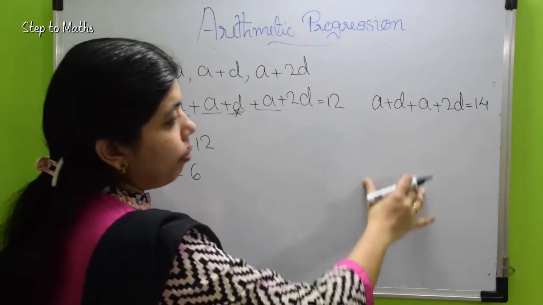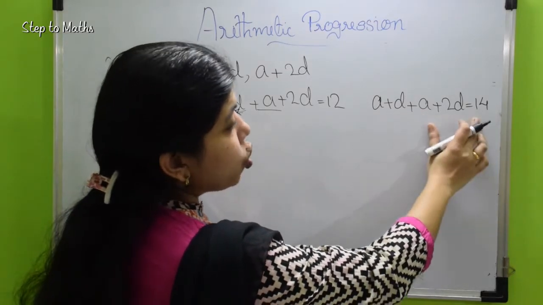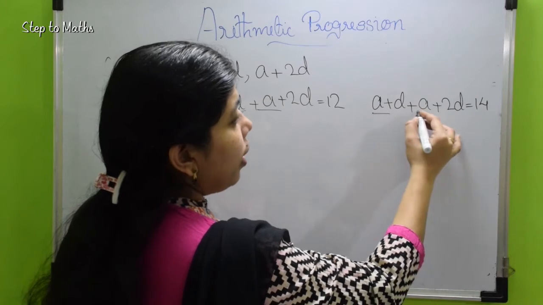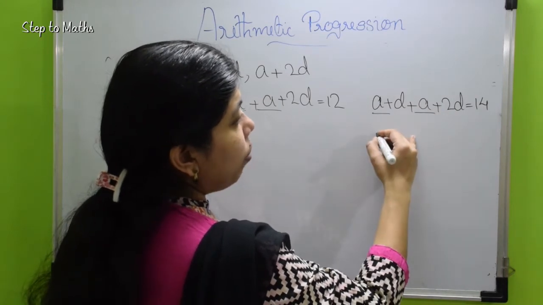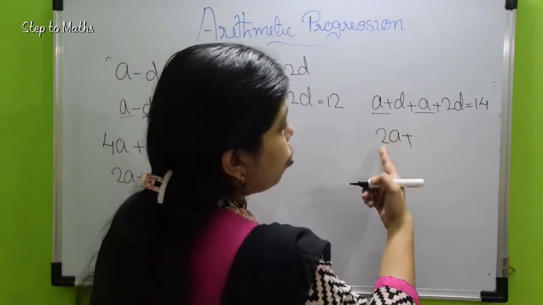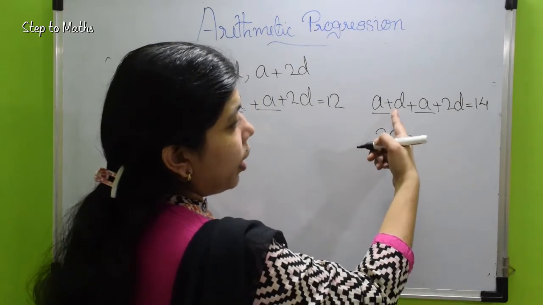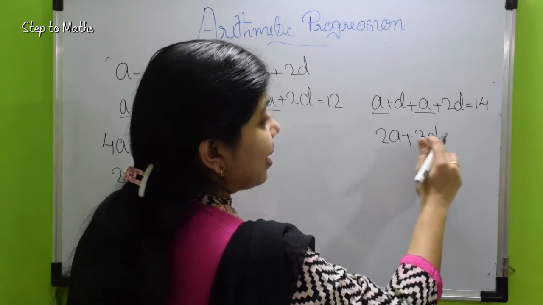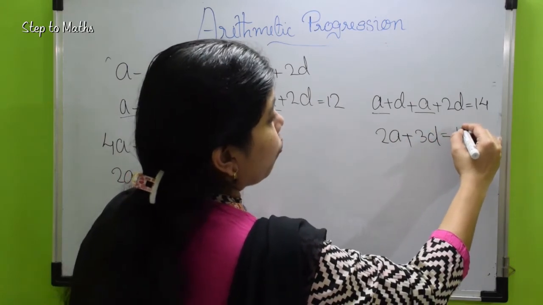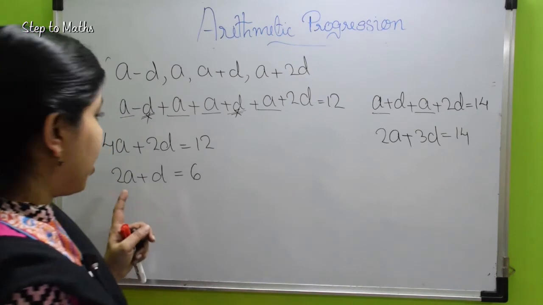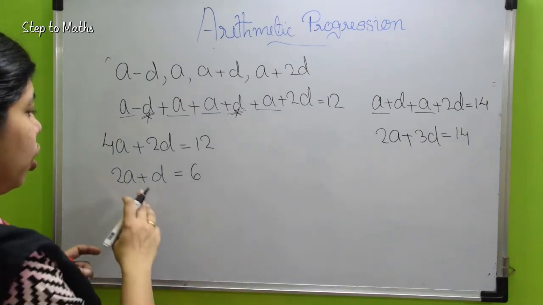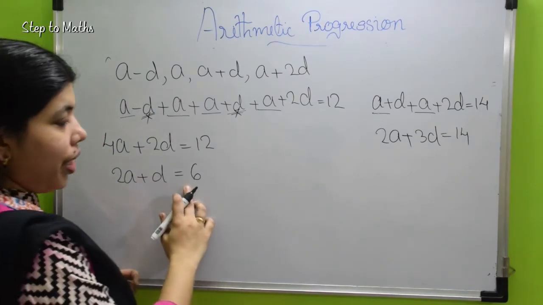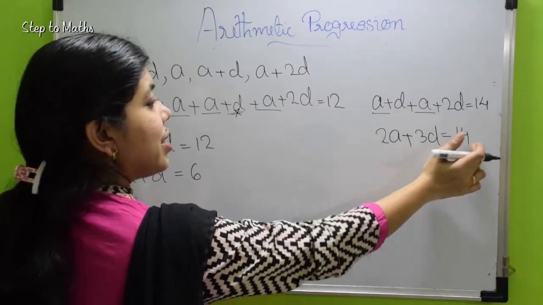Now from the second part, A plus D plus A plus 2D. If we add, the left hand side becomes 2A, D plus 2D is 3D, so 2A plus 3D is equal to 14. We get two linear equations: 2A plus D is equal to 6 and 2A plus 3D is equal to 14.